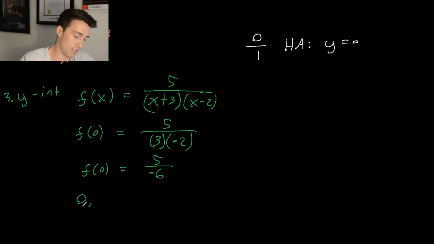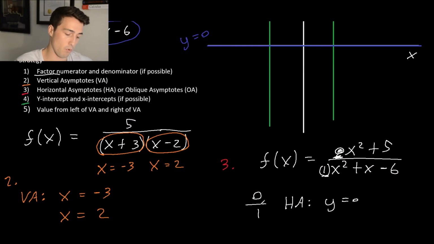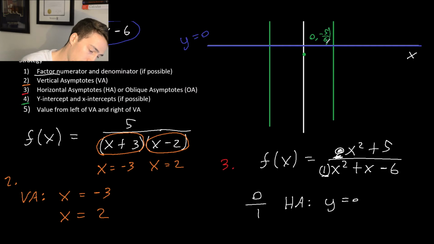So I have a y-intercept at 0 comma negative 5 over 6. Now we can graph that y-intercept point. So 0 comma negative 5 over 6. That's probably going to be right around there. That is our point here. 0 comma negative 5 over 6 is that point.